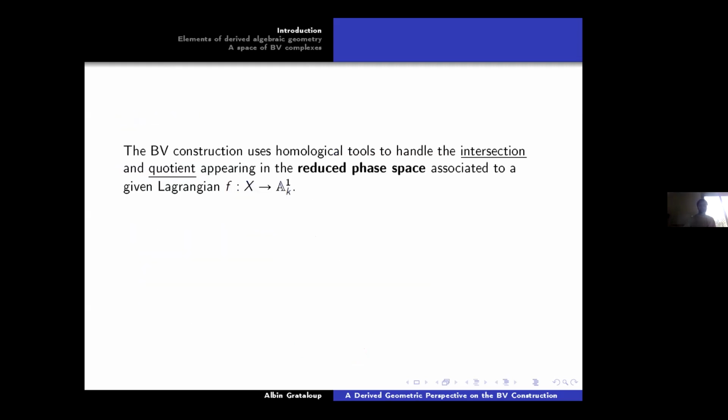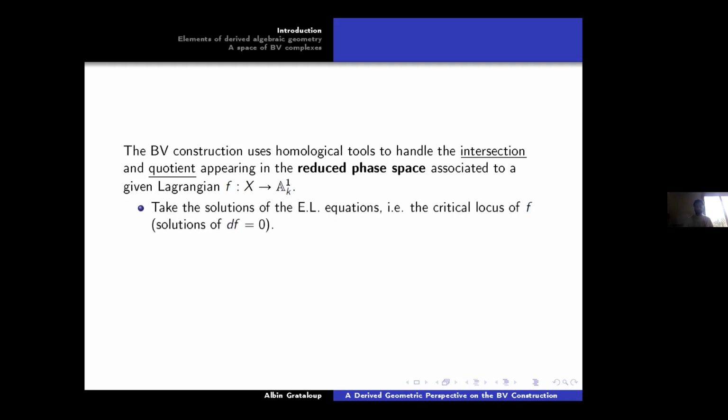First, I'm going to stress the aspects of the BV formalism that I'm going to focus on to go toward this geometric construction. The main one is to see this BV construction as a homological tool to handle intersections and quotients in the construction of a reduced phase space associated to a Lagrangian.